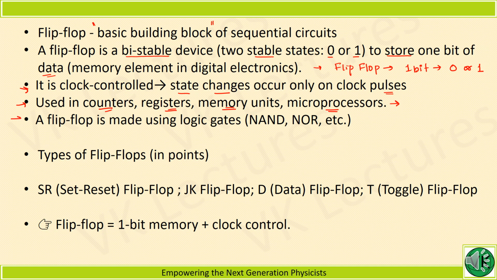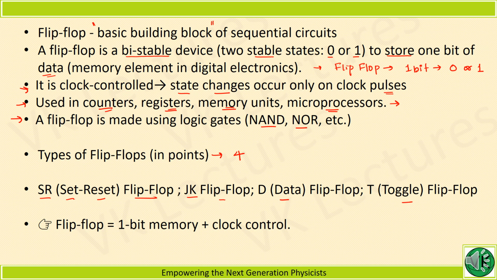And flip-flops are made using logic gates, for example NAND or NOR. There are different types of flip-flops. Generally there is the SR flip-flop, the set and reset flip-flop, and the JK flip-flop, which is just a modified version of the SR flip-flop. Then the data flip-flop is there, along with the toggle flip-flop, the T flip-flop, or the D flip-flop in the case of data.